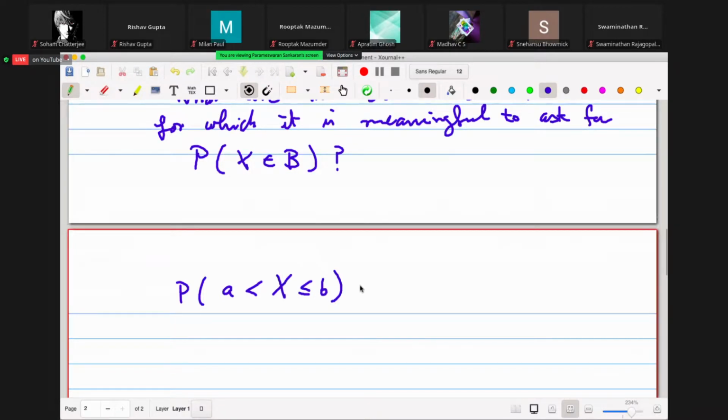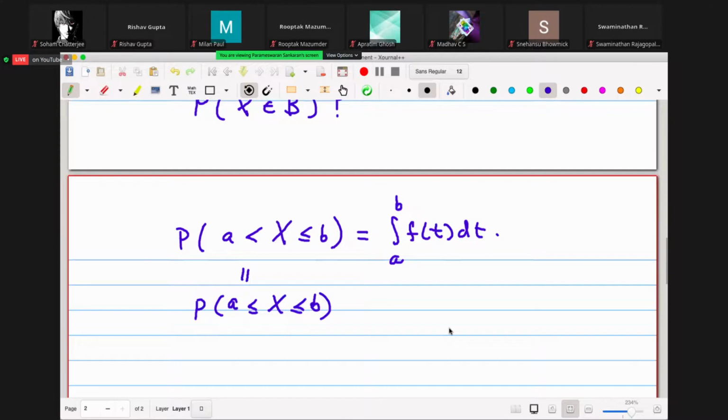This will be the integral from a to b of f(t) dt. At the moment I'll just take this for granted, but I will prove this in a moment. So this is also equal to this.